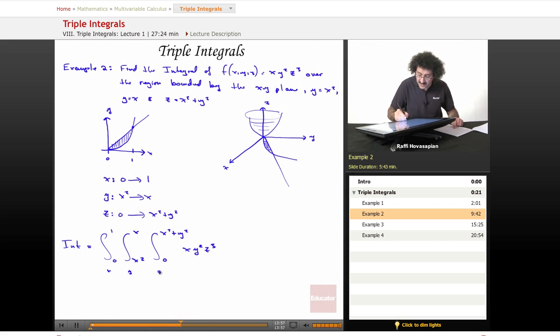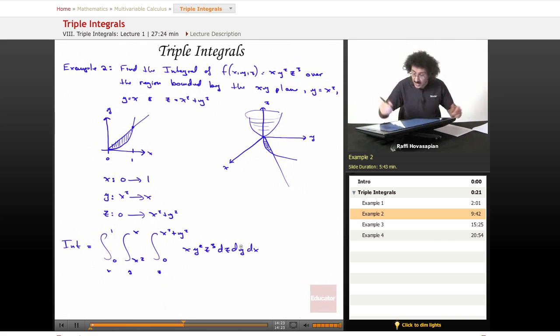So we're going to integrate dz, dy, dx. And again, the actual order itself doesn't matter. It just depends on what the problem is at hand. Sometimes it might be easier to do the dy first, or the dz first, or the dx first. It doesn't really matter. What you have to be able to do is look at your region and see what's going to give you the easiest integration.